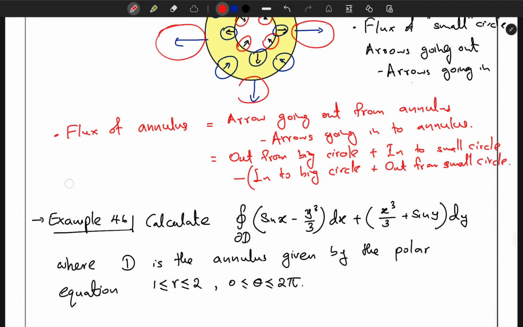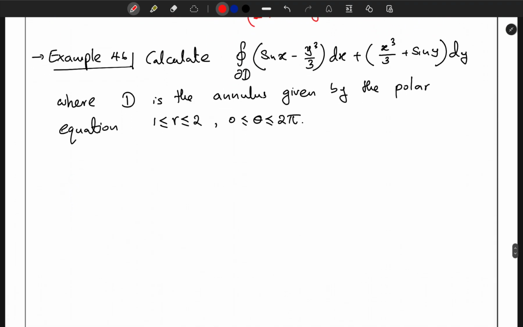So let's look at an example. Example 46. Calculate the circulation given here, where D is the annulus given by the polar equation r in between 1 and 2 and theta in between 0 and 2 pi.